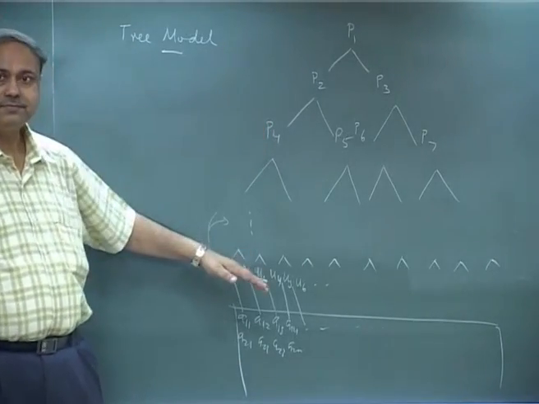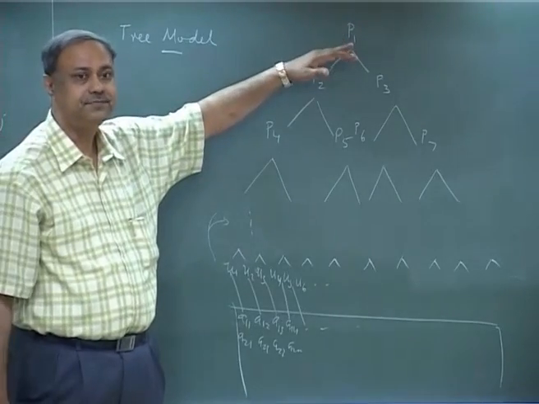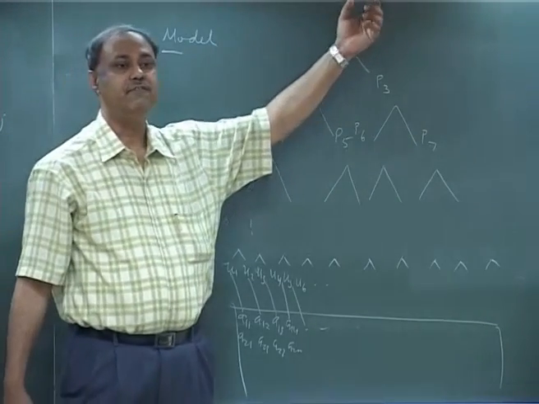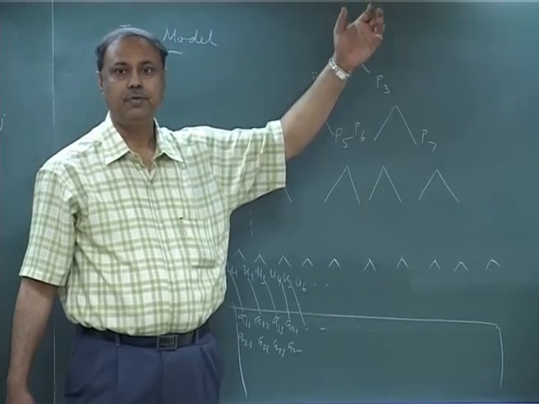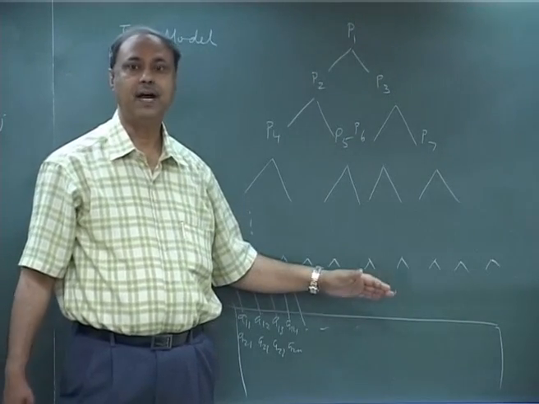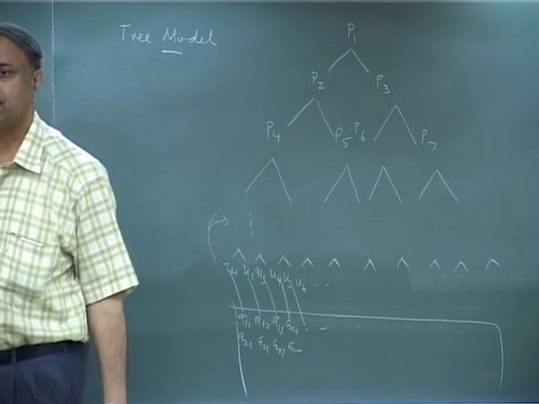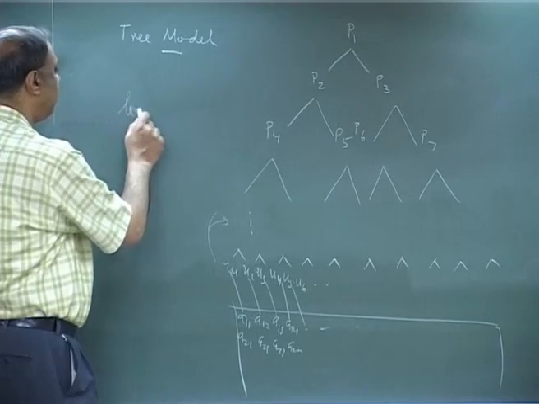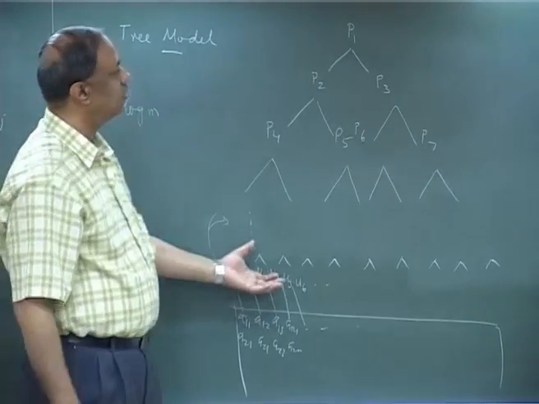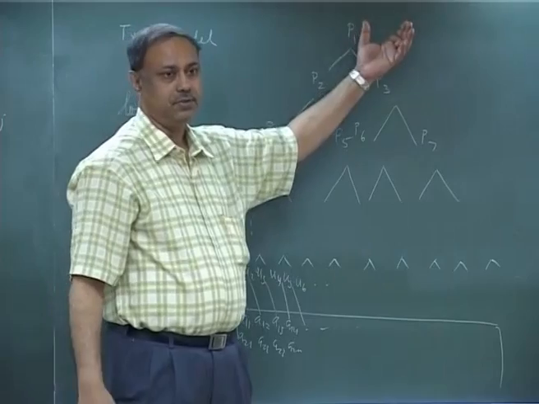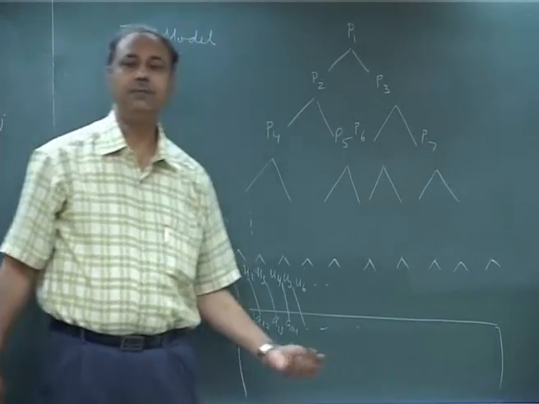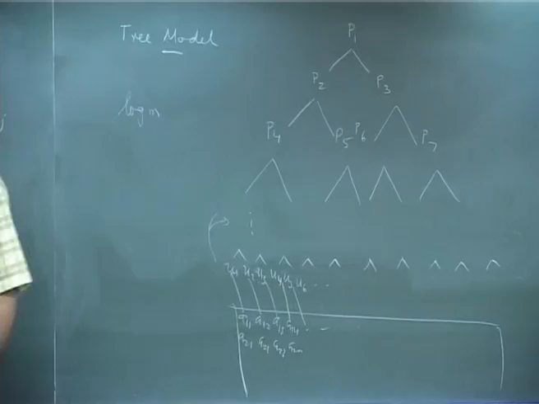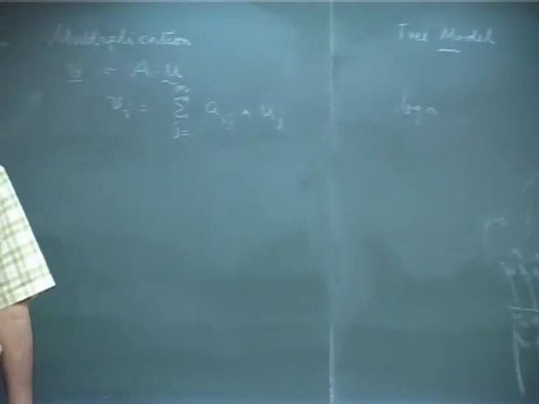So after X iterations, V1 will be out, and X is nothing but the height of the tree, which is log m. So after log m iterations, the first result will be out. Can you tell me how much time you need to complete this matrix vector multiplication?